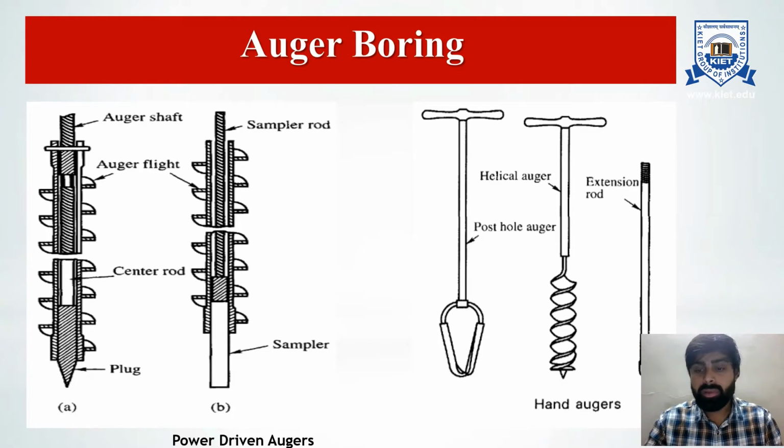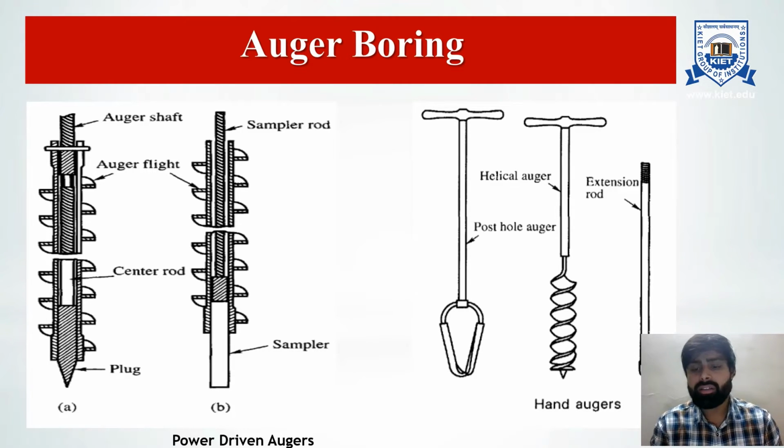The auger can be operated manually or mechanically. The handheld augers used in boring are about 15 to 20 centimeter in diameter. These are suitable for advancing a hole up to a depth of 3 to 6 meter in soft soil.